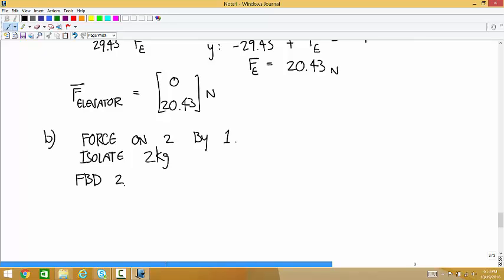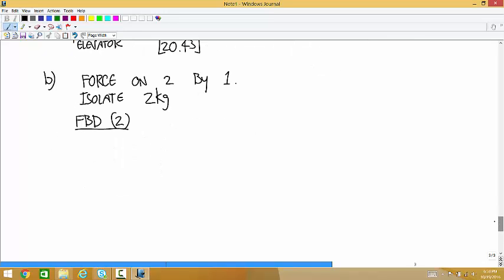So free body diagram of the 2 kilogram. We have the weight of 19.62.